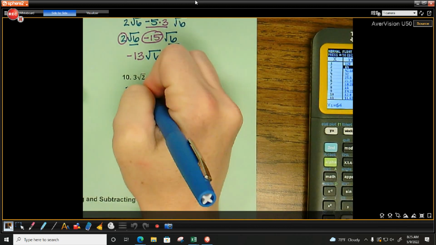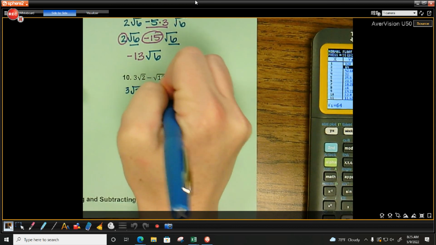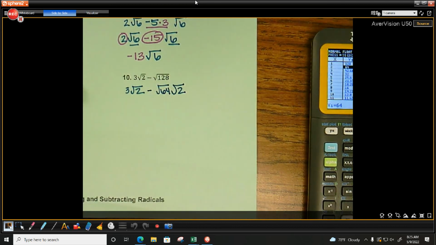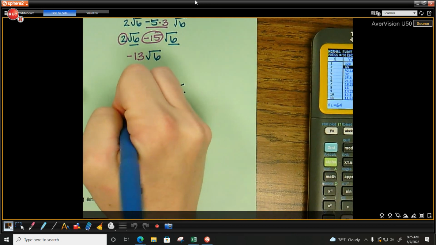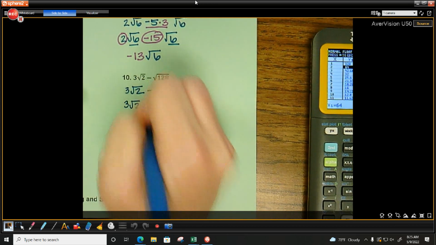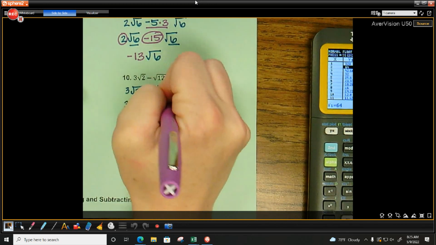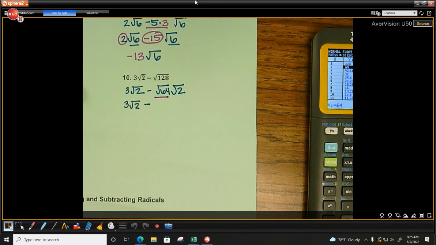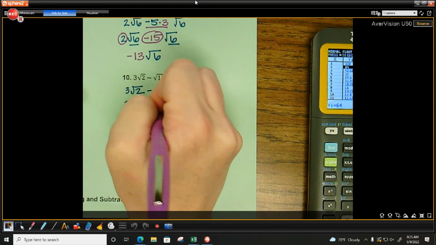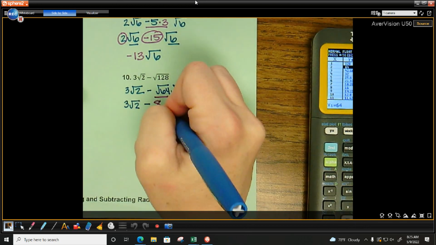Again, always put the perfect square first, so that's why I put the 64 before the 2. 64 is on my list, 2 is not. So 3 square root 2 minus, what's the square root of 64? 8 square root 2. Now do my radicals match?